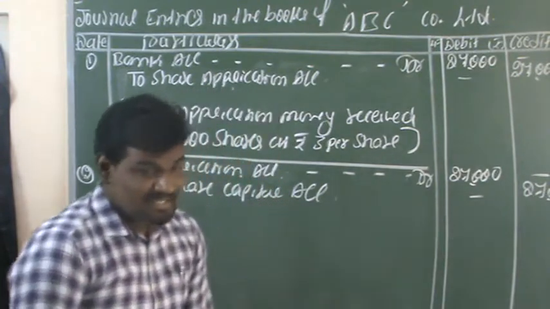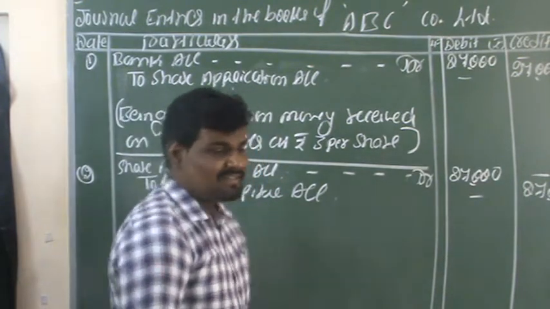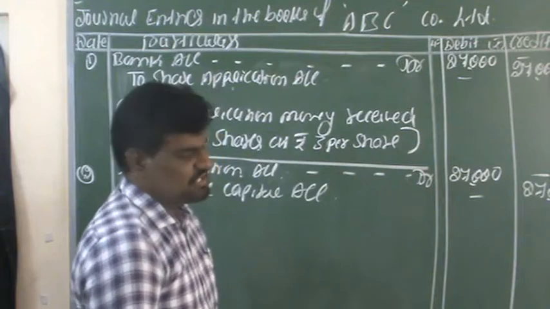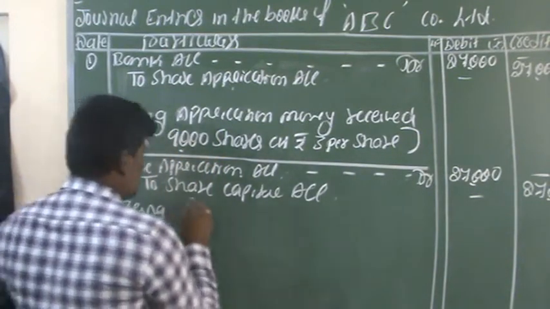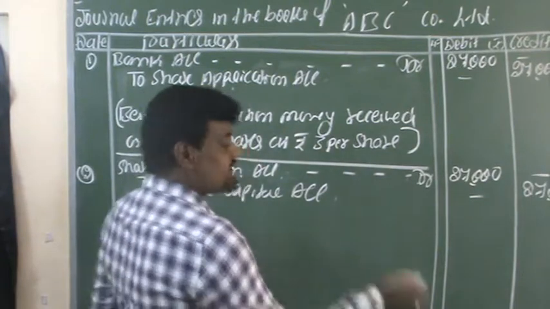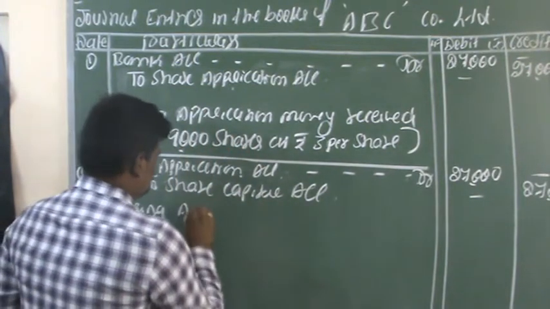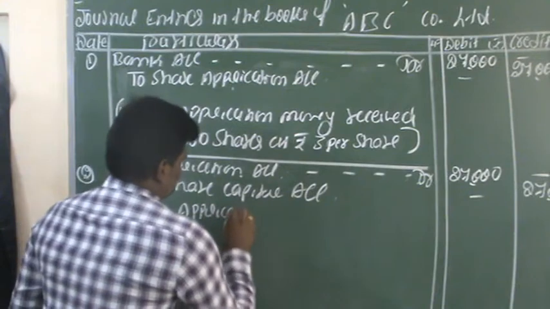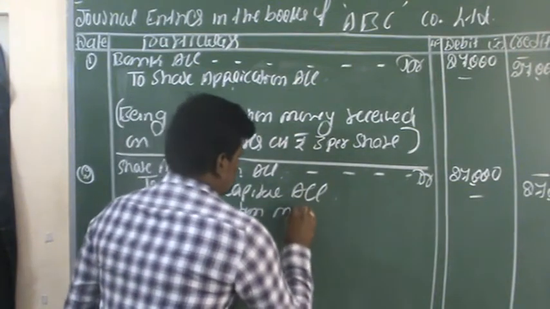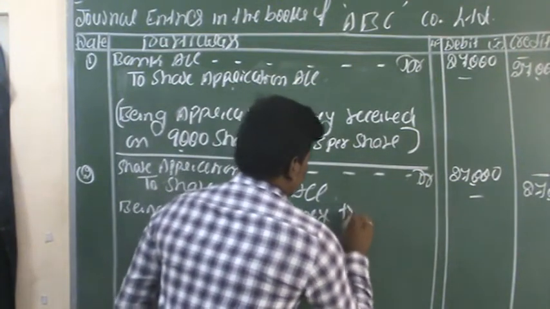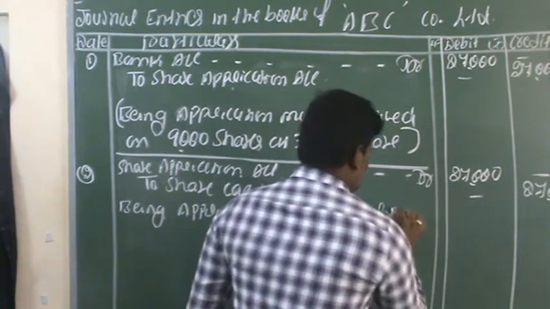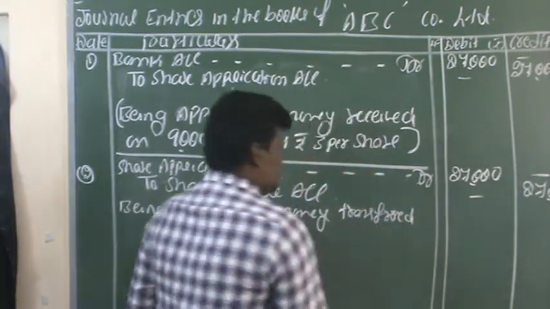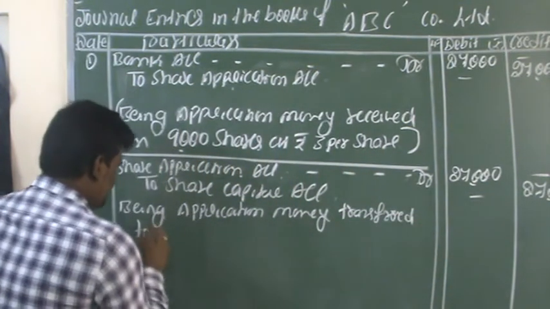So this is the necessary journal entry. For that entry, now we need to give the narration: being application money transferred to share capital account.